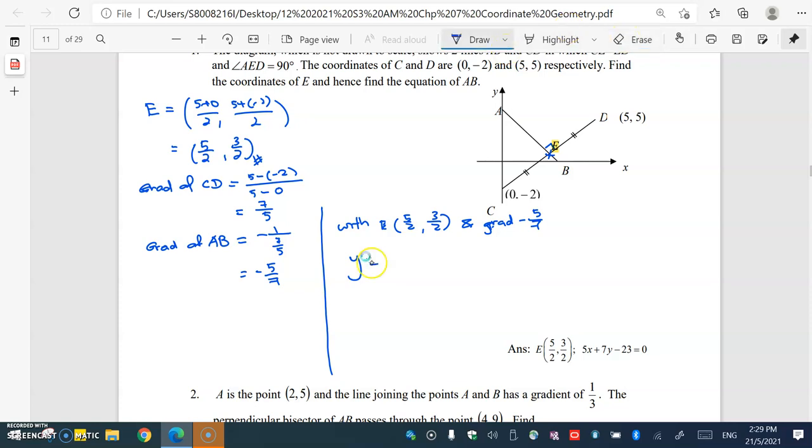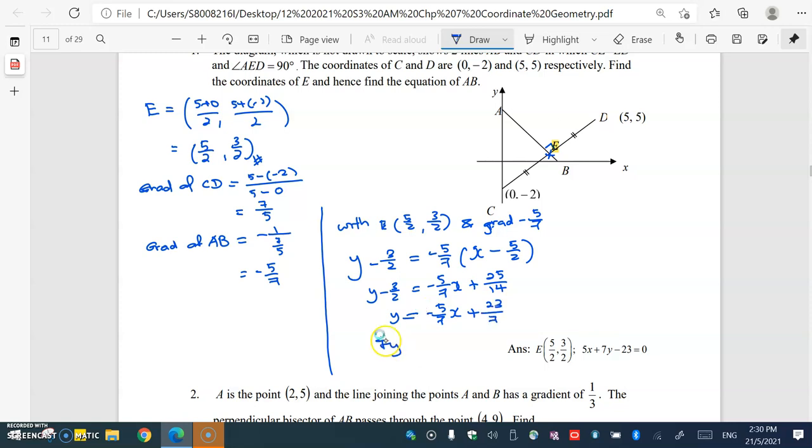So I have y minus 1.5 equals the gradient times x minus the x value. So y minus 3/2 is equal to -5/7 x plus 25/14. That gives me y equals -5/7 x plus 23/7, which is the same as 7y equals -5x plus 23. There you go, the equation of AB.